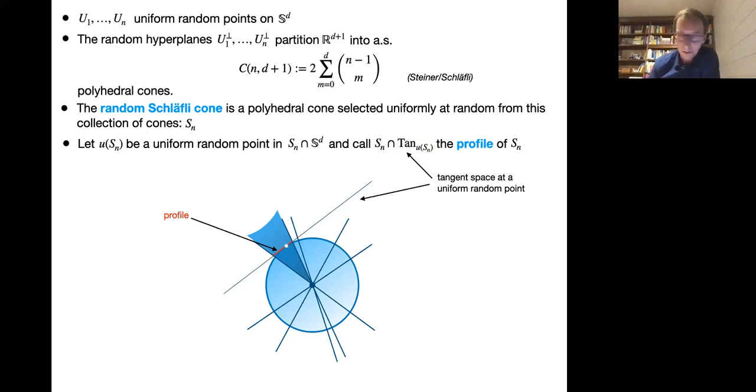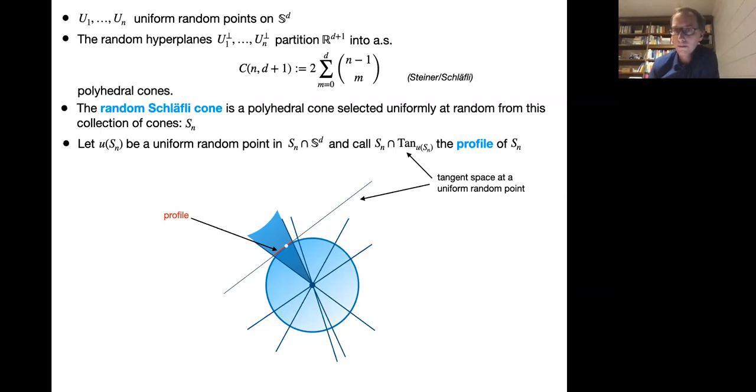So if this is a two-dimensional cone, this is a one-dimensional profile, and in general, this is a (d+1)-dimensional cone, and this profile will be a d-dimensional polytope living in this tangent space. Is it clear for everybody what the profile of the cone is? Yes. And this is the random polytope that will describe to us the shape of this cone.